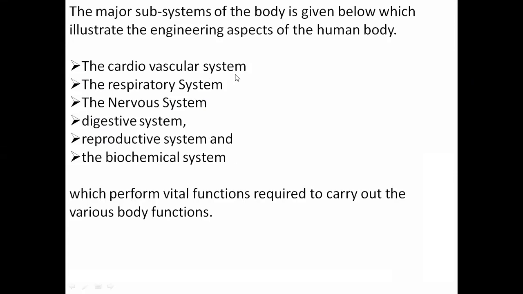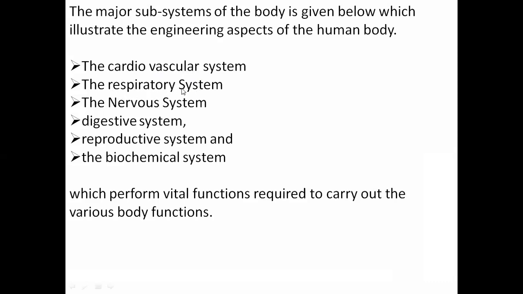The cardiovascular system is related to the functioning of the heart. It relates to the blood supply from the heart to the lungs, lungs to the heart, and heart to different parts of the body.